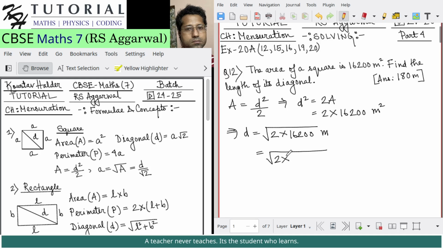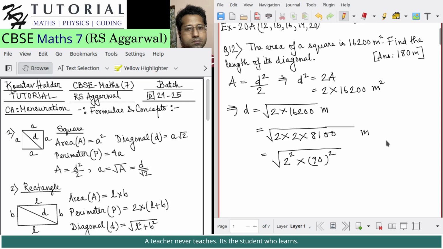Let's factorize 16200. Let's divide it by 2 and we get 2 multiplied by 8100 meter. So this is equal to square root of 2 into 2 is 2 square, and 8100 can be written as a square of 90. 90 square is 8100, because 9 square is 81 and 10 square is 100.